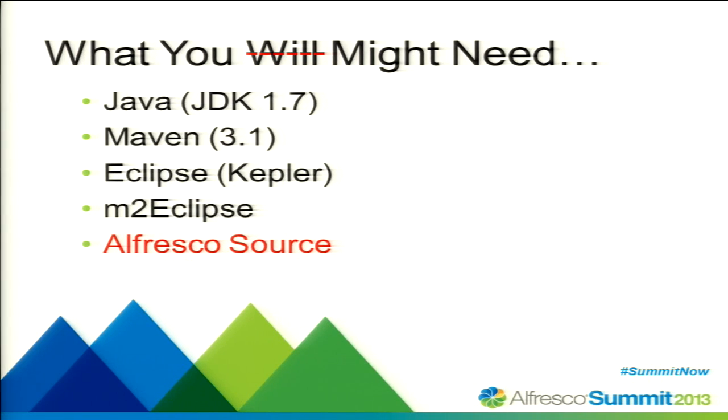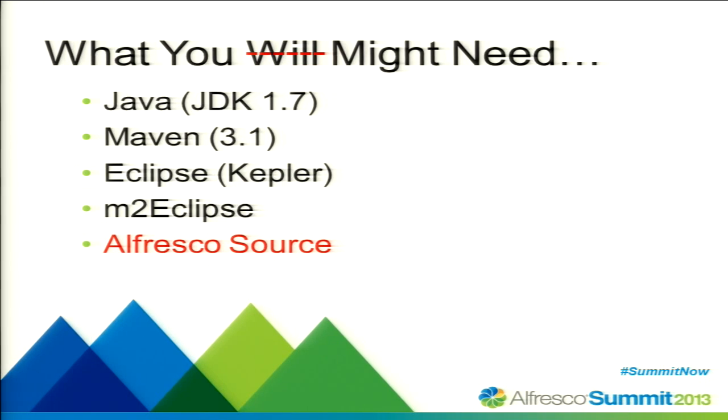Now, you don't necessarily need to do that for Share development. The reason that you might want to do that is just for editing facilities, and also to use Maven to build jar files and things that you might want to install. But you probably will not be doing any type of Java development or anything that really requires any type of compiling.